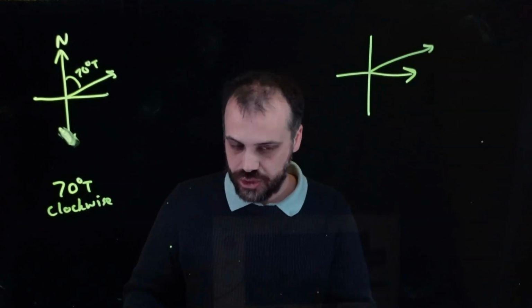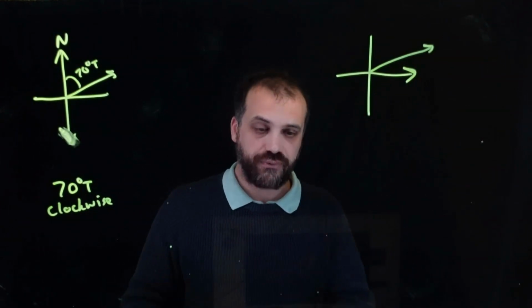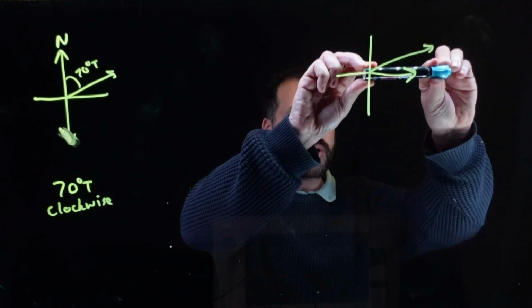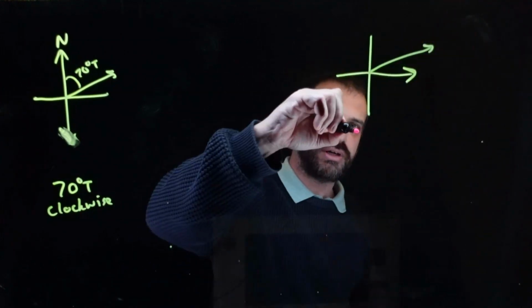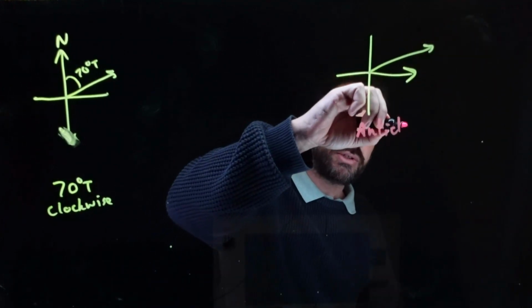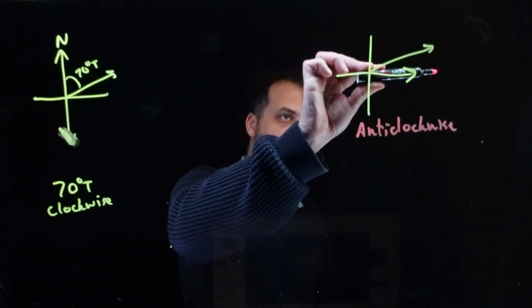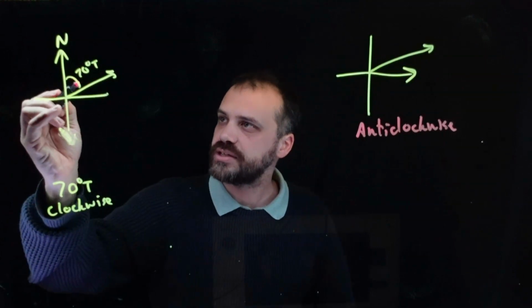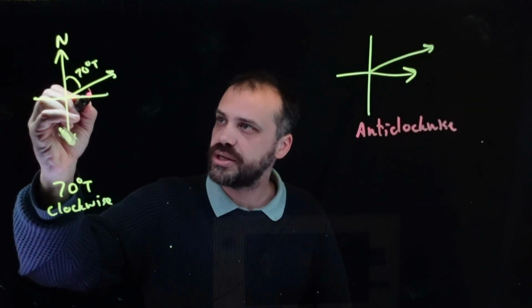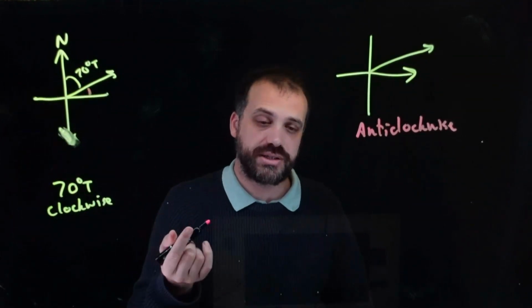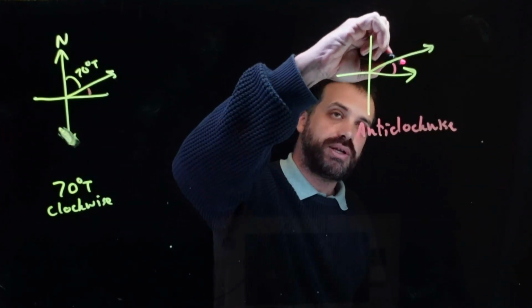Now, you can figure out what that angle is. If we start at the x-axis and we rotate anti-clockwise, maths people go anti-clockwise, right? Start here, rotate here. Now, if that's 70 degrees, this bit here must be 90 minus 70, which is 20 degrees.